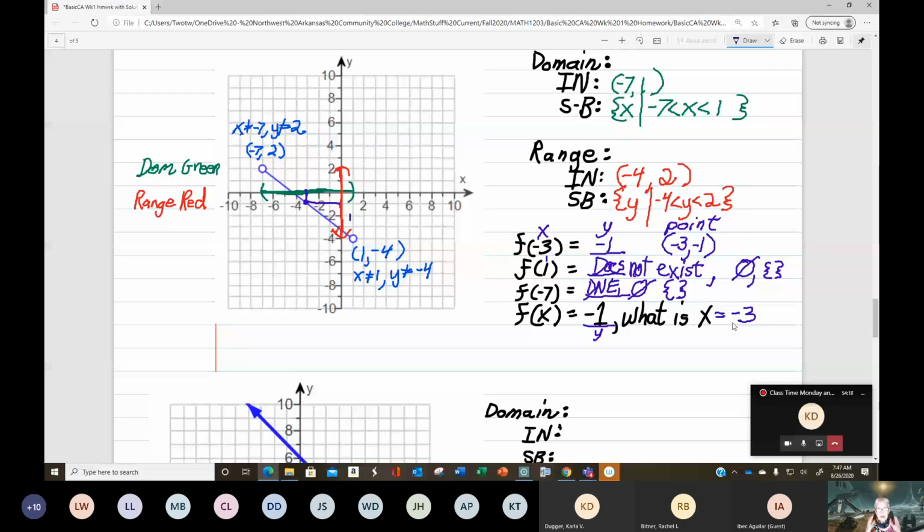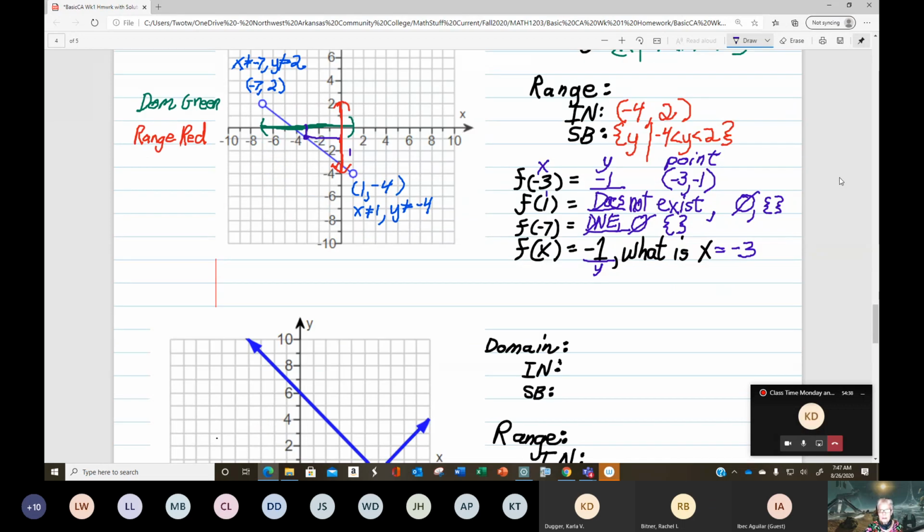X and Y are connected to each other. So you don't need an equation to be able to evaluate a function. This takes some getting used to, but once you do, it's okay.